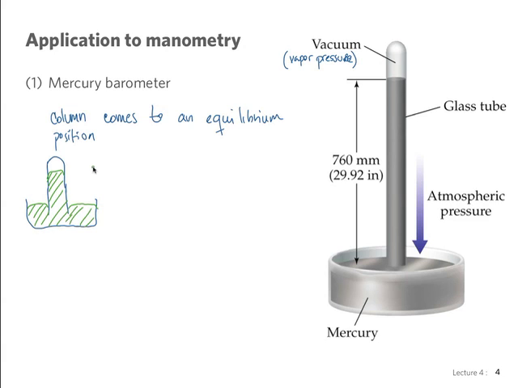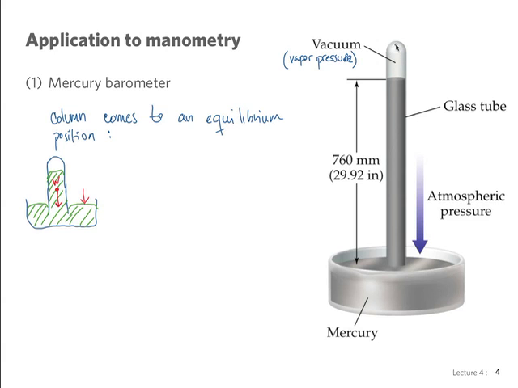And so over here we only have atmospheric pressure. And here this column has some weight. So the equilibrium is going to be the weight of that column of fluid balancing the pressure. And so this equilibrium position is due to the balance of forces between atmospheric pressure and the weight of the column inside here.